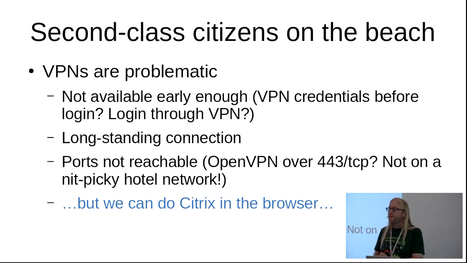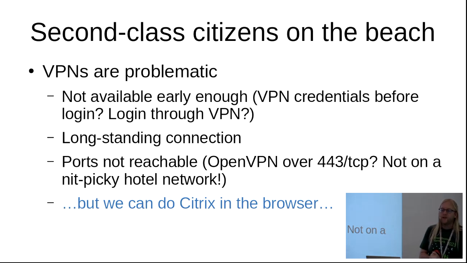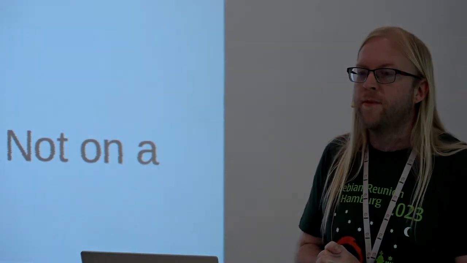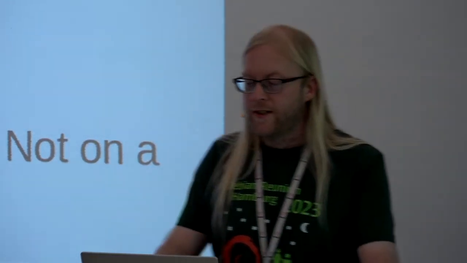We need to keep a tunnel open mostly, and ports might not be reachable. We are at the beach, we are in some hotel, we are on Deutsche Bahn, you know, who knows? And that particular VPN connection just does not work. And we can then call Citrix and get a Citrix VPN in the browser, but nobody really wants that.